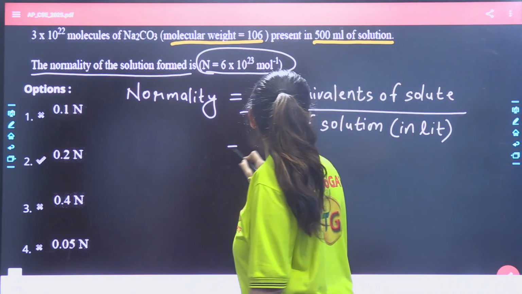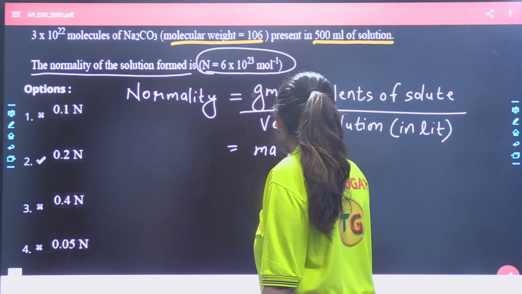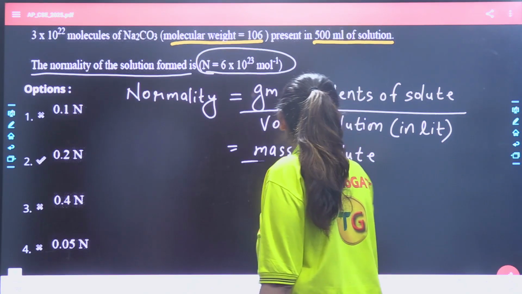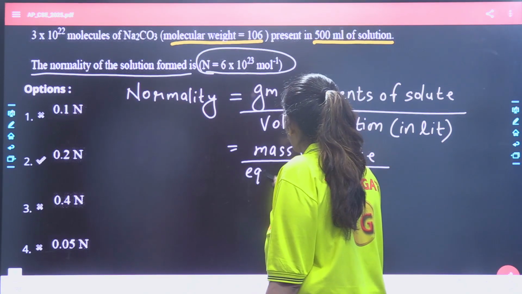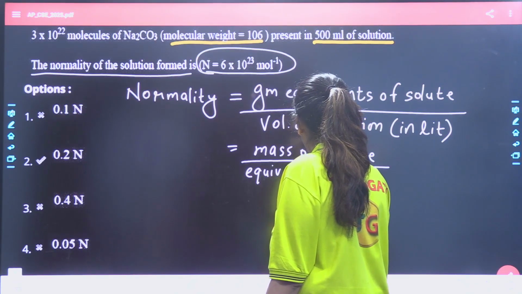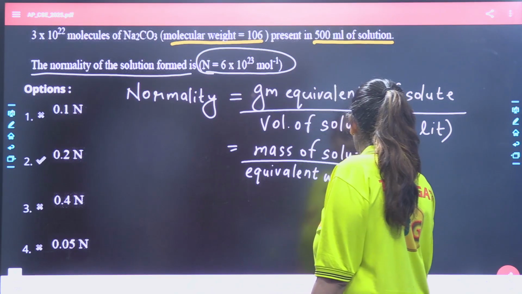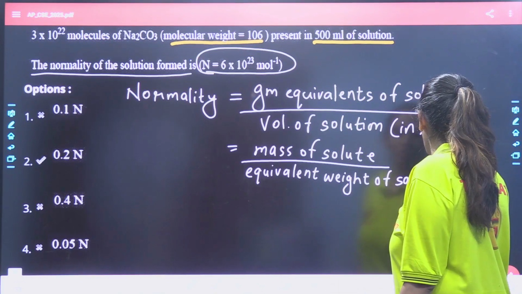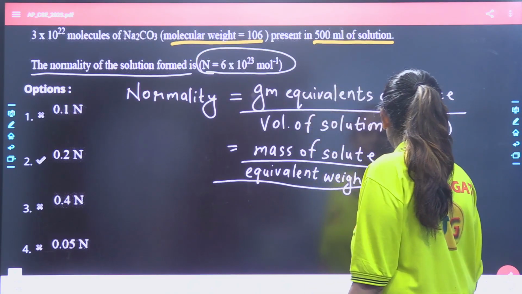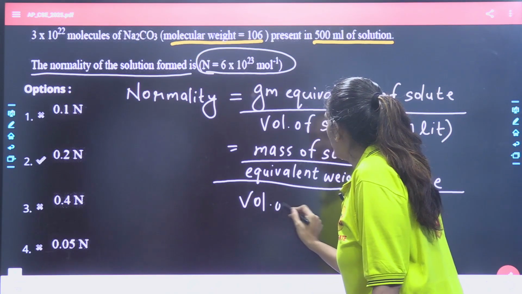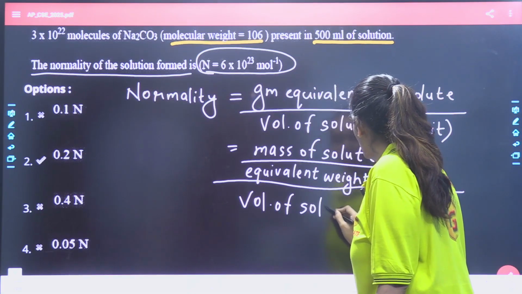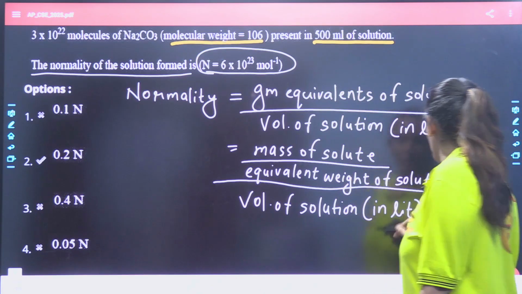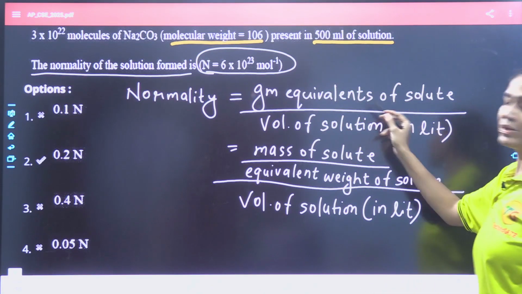Now, what is gram equivalent of solute? This is the mass of solute upon equivalent weight of solute, and in the denominator we have the volume of solution in liters. So what is gram equivalent of solute?